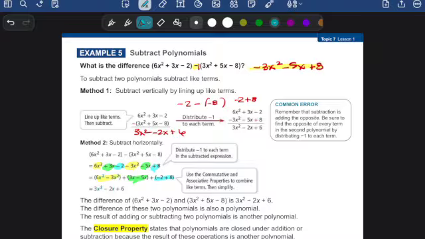So if we have a polynomial to start with and we're adding another polynomial, if our answer is also a polynomial, like it stays the same type of expression, it's still a polynomial, we haven't whittled it down to one term, then this is called a closed operation. So addition and subtraction, if we start with polynomials, we're going to still get a polynomial, okay? So it is closed for addition and subtraction.